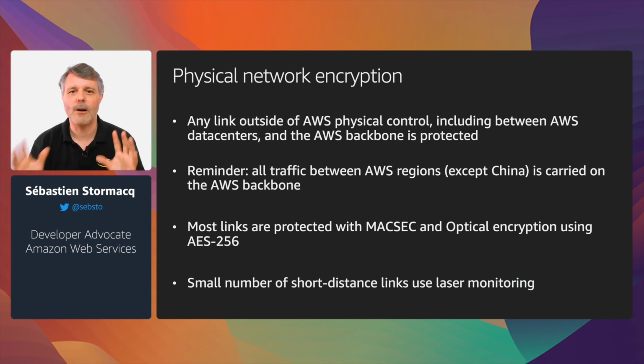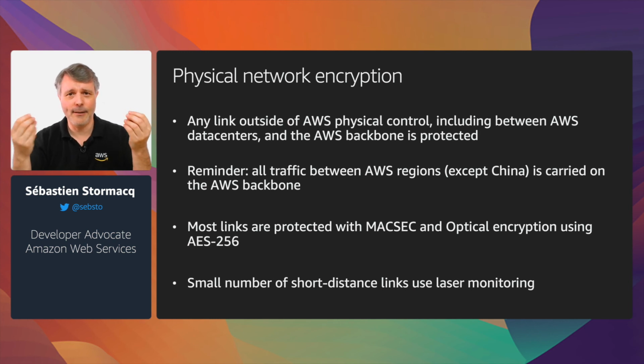Once again, all the traffic between regions is going through our AWS global network, except for China. And on some links, short distance links, we also use more advanced techniques like laser monitoring to detect any physical tampering with the signal. That's the physical encryption we are applying at network level.